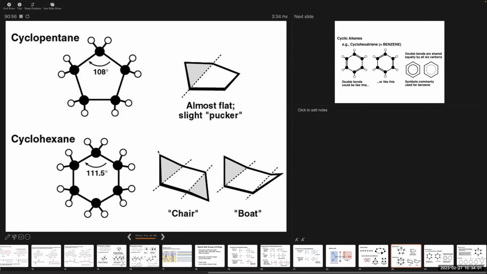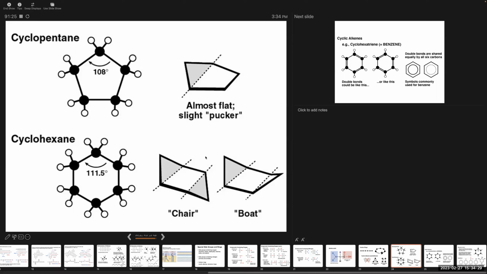Then there's 1 carbon atom at this corner point, which is raised up relative to the seat. It's like the back of the chair. And then there's another carbon that is tilted downward towards the floor. That's like if you're sitting in a chair with a footrest, like a lounge chair outside by the pool. You've got the seat, the back, and the footrest of the chair. So one side tilts up, one side tilts down to create this chair configuration.